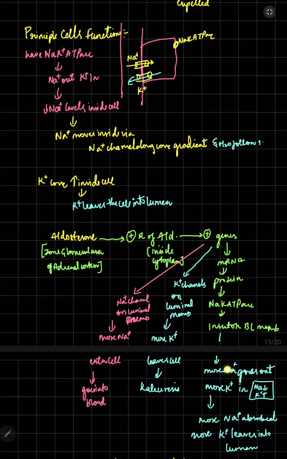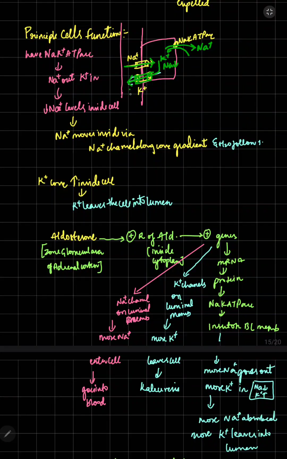So more sodium leaves the cell and more potassium enters the cell. This makes the cell extremely sodium poor, so more sodium is absorbed from the lumen into the cell, right? At the same time it increases the synthesis of potassium channels, so more potassium leaves, causing kaliuresis, right?